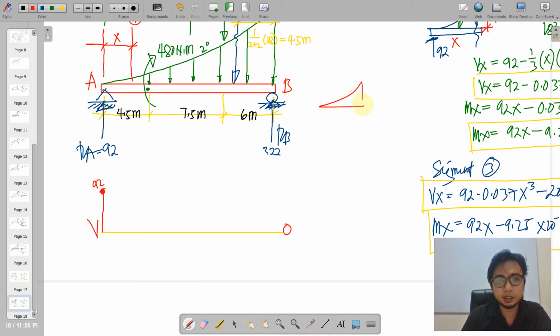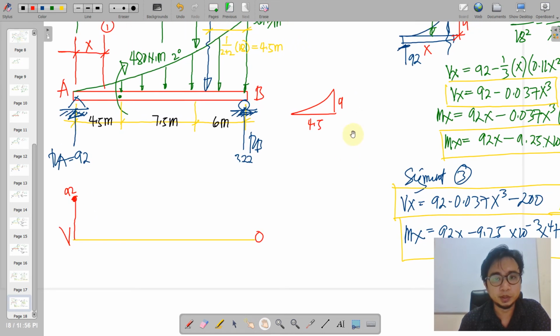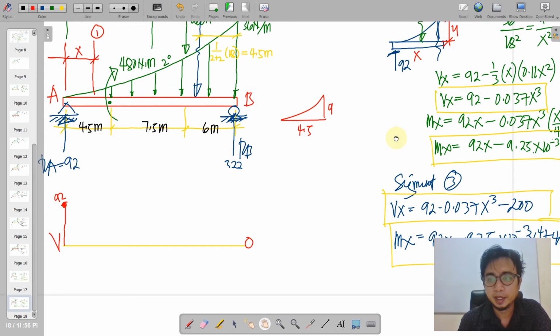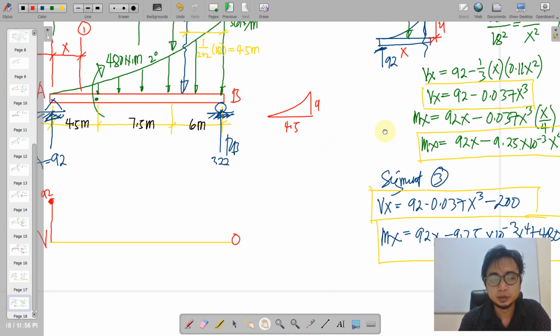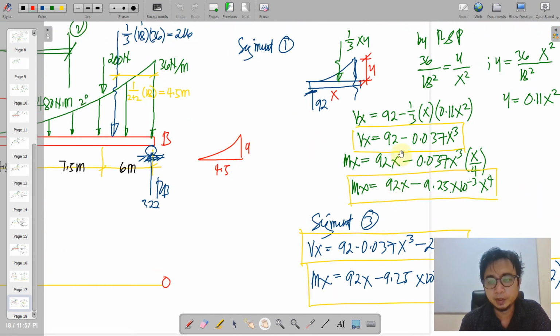If we illustrate that, we have here a 4.5 spandrel area. Of course, we express this by y, so it is proper to refer to the equation involving the proportioning of y, which we have already done. The segment 1 equation is 92 minus 0.037 x cubed.